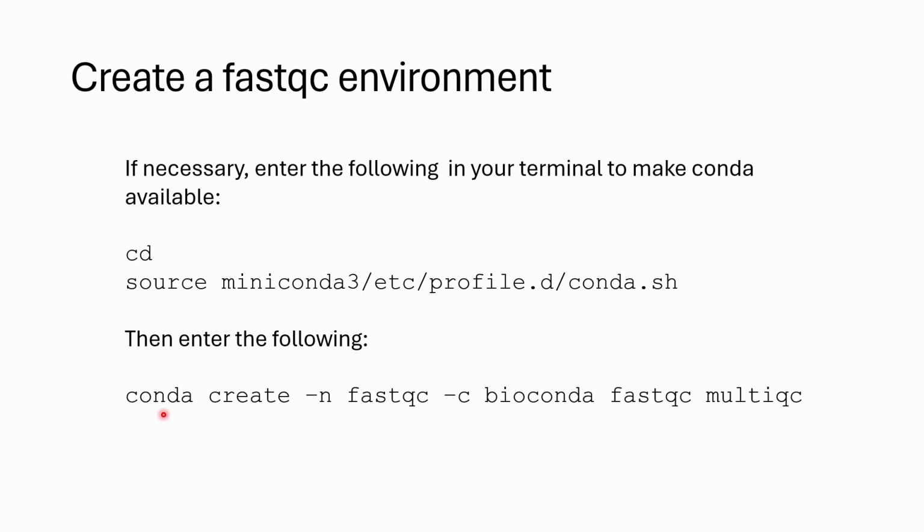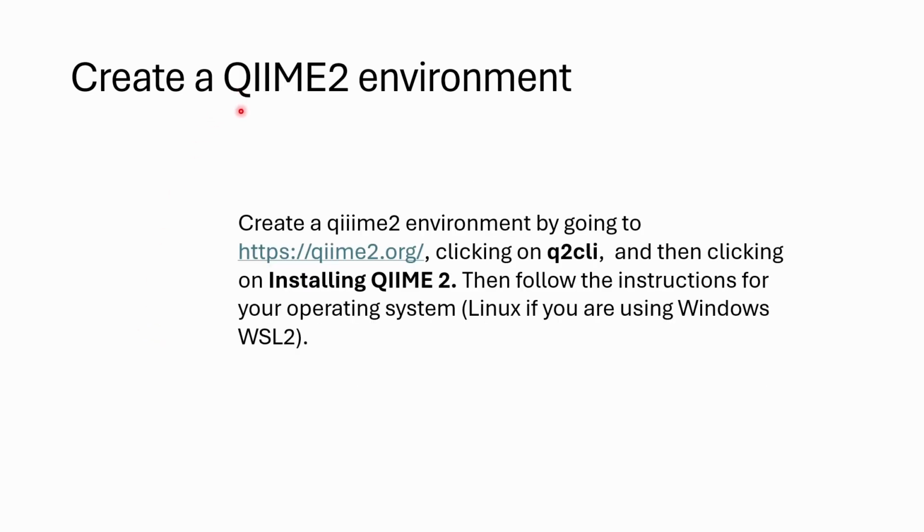So conda create -n is followed by the name you want to give the environment. -c bioconda is a repository from which to download the programs, and the two programs you'll install are FastQC and MultiQC.